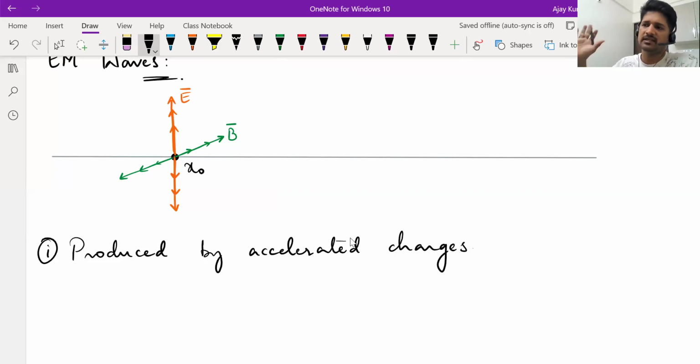Means they lose energy by radiating electromagnetic waves. Wave is nothing but transfer of energy and momentum. If something is producing waves, means it is giving out energy. So accelerated charges produce electromagnetic waves. Remember this point. How exactly and all is not necessary for you at this point, but they are produced by accelerated charges. And as they produce electromagnetic waves, they are giving out energy. So accelerated charges will keep losing energy, okay, by producing electromagnetic waves.